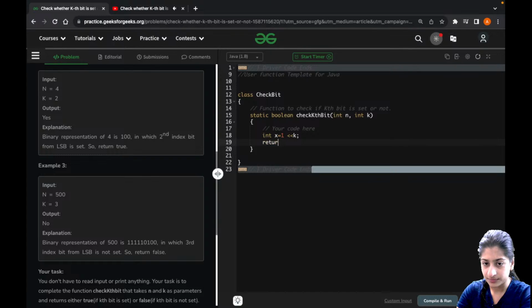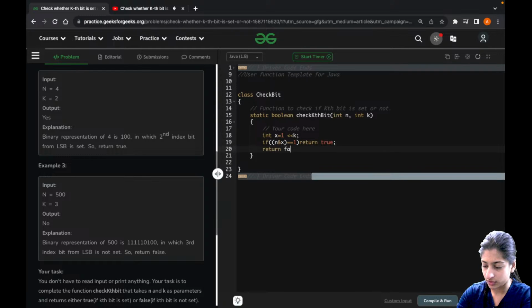Then you check if n AND x is equal to 1, you return true, otherwise you return false.